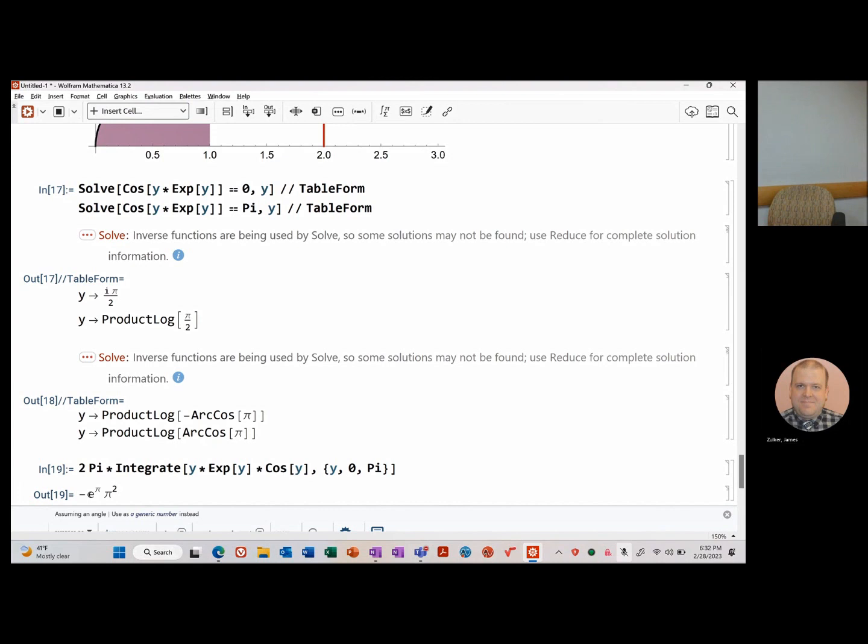Run for all our confidence. We haven't done a fraction yet.